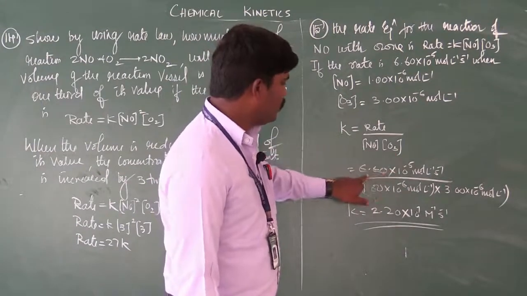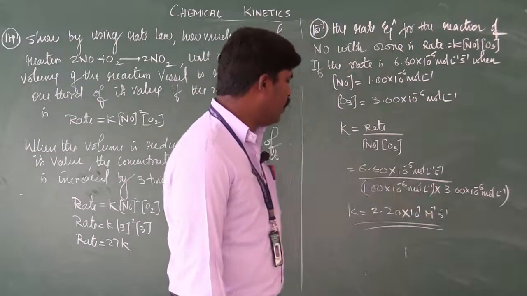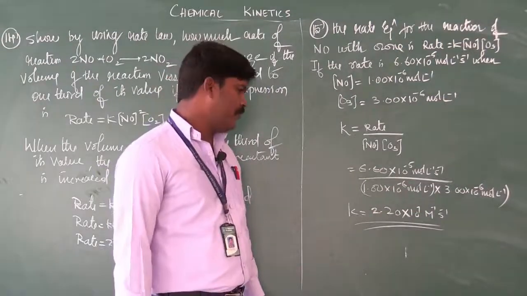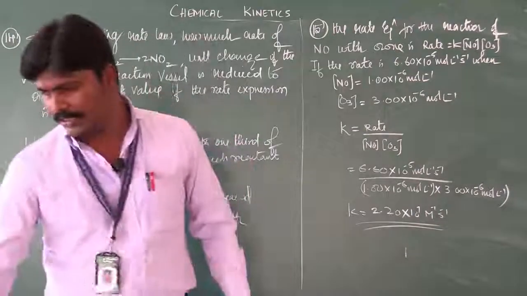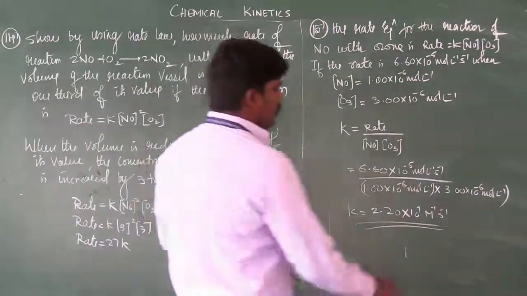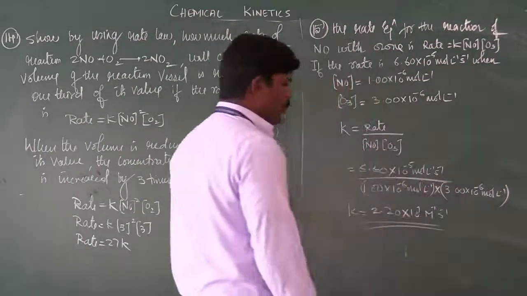So 6.60 × 10⁻⁵ mole per liter per second divided by 1.00 × 10⁻⁶ mole per liter, multiplied by 3.00 × 10⁻⁶ mole per liter.